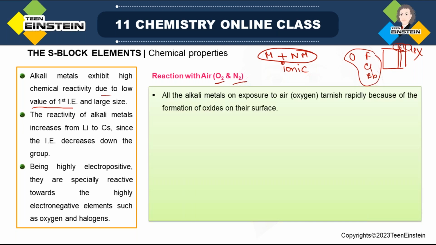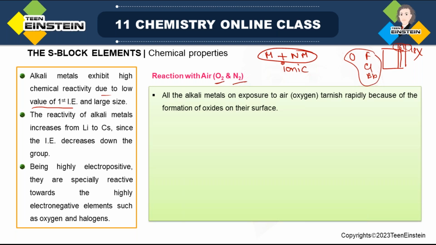So all the alkali metals, when they are exposed to air, which is basically exposed to oxygen, show rapid tarnish. That is, if you look at their surface, basically they are so reactive you cannot keep them in open air. You have to keep them under special conditions. Mostly they are kept in kerosene oil or any other oil, so that they are not in contact with air.